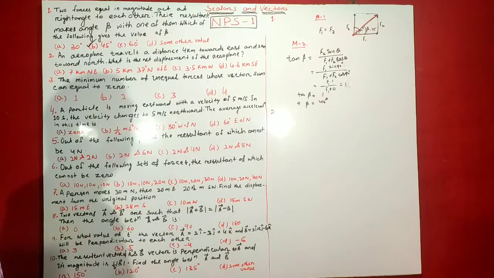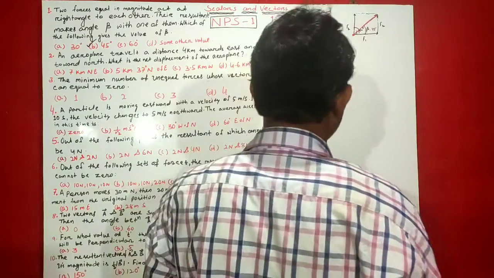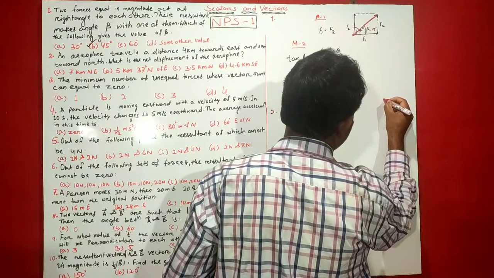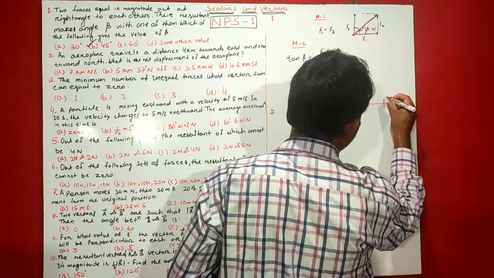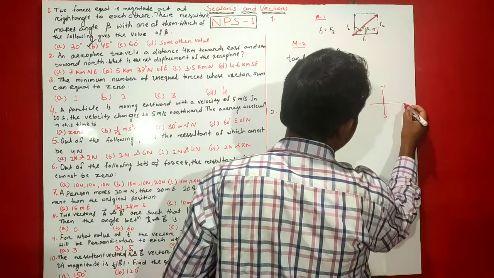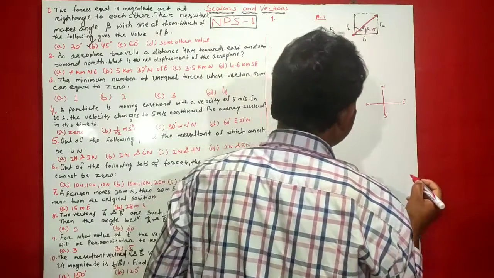What is the net displacement of the aeroplane? We have to draw the direction system. Look here. This is north, south, east and west.